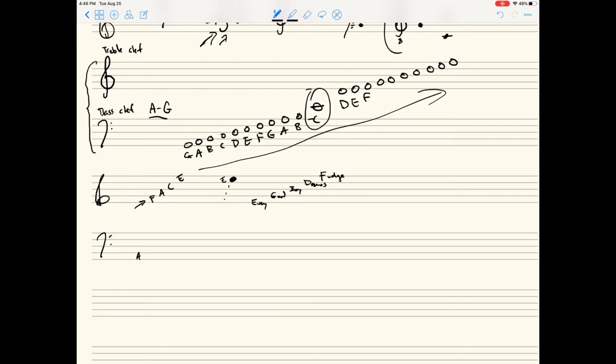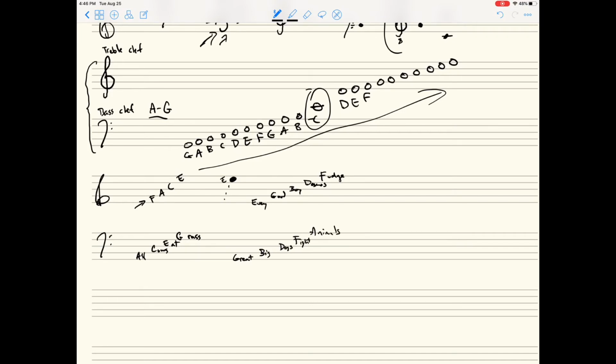For the bass clef spaces, A, C, E, G. All Cows Eat Grass. Pretty uncontroversial. And G, B, D, F, A for the bass clef lines. Great Big Dogs Fight Animals.